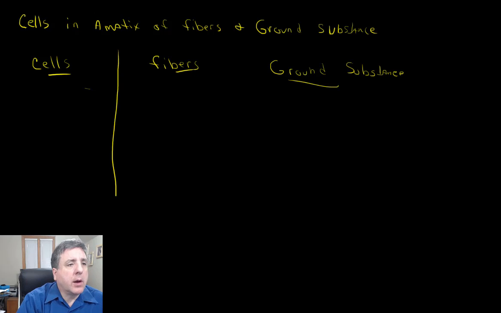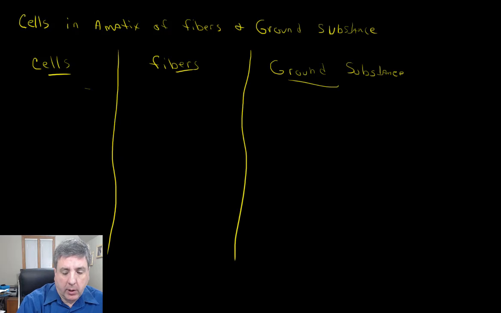Let's make kind of columns so we can separate these out. Not straight lines by any imagination. And let's look at this. What we're looking at on cells, let's look at some of the basic tissue types.